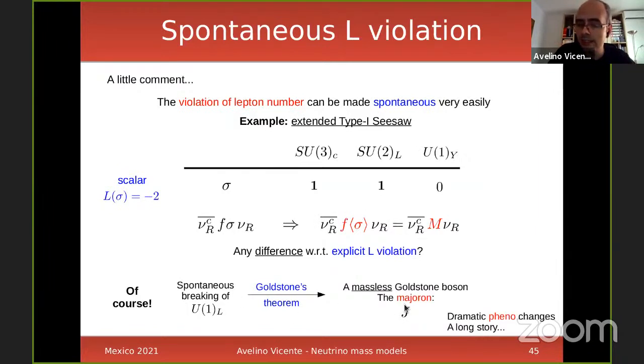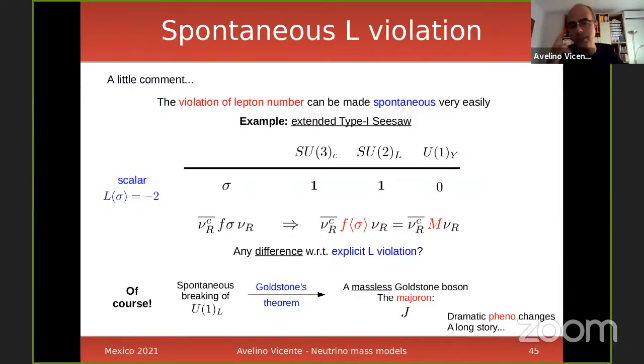You can construct the whole scalar potential, and you can calculate the mass for the imaginary component of sigma, and you can easily find that the mass is exactly 0. This particle is usually called the majoron because it's the particle associated to the fact that you have Majorana neutrinos. So the majoron is the Goldstone boson associated to the breaking of lepton number in 2 units.